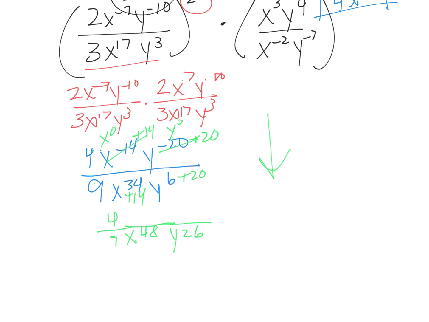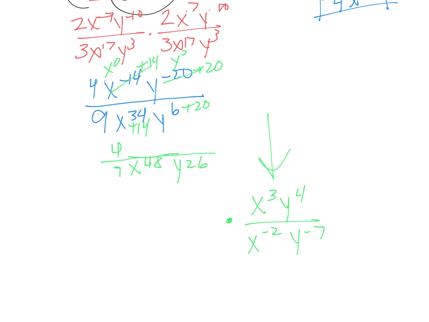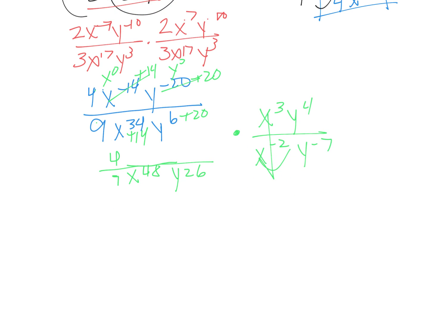Okay, now I'm going to bring this down. So we're going to multiply. We have our x to the power of 3, y to the power of 4 over x to the power of negative 2, y to the power of negative 7. And we're multiplying, so again, we're going to multiply straight across.